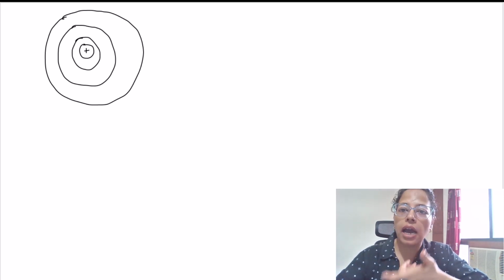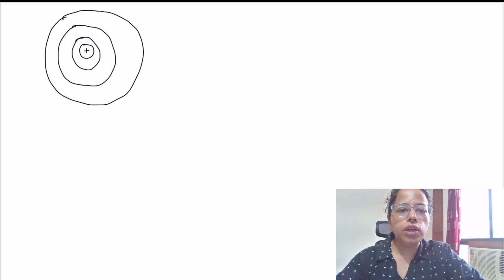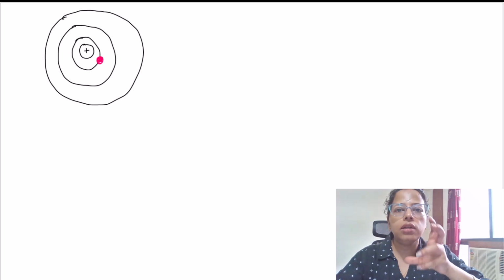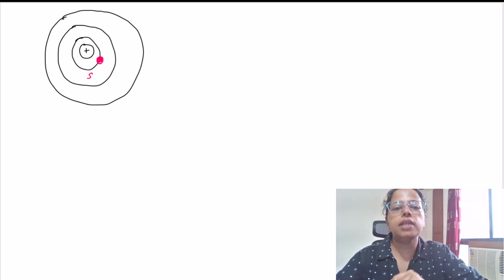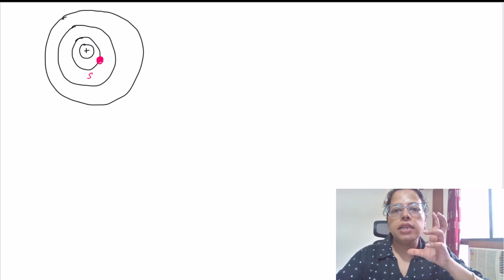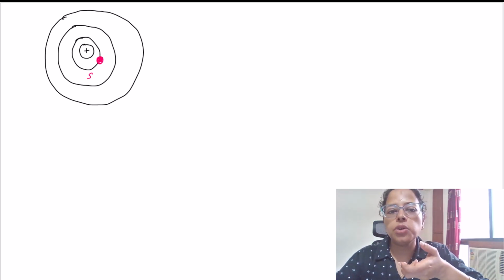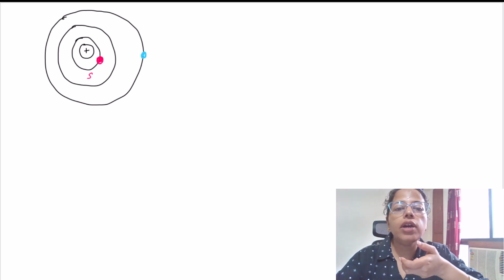If it is higher in s character, that means it is nearer to the positively charged nucleus. Its electrons are nearer to the nucleus. And if it is lower in s character, its electrons are further away from the nucleus, which is kind of a p character.